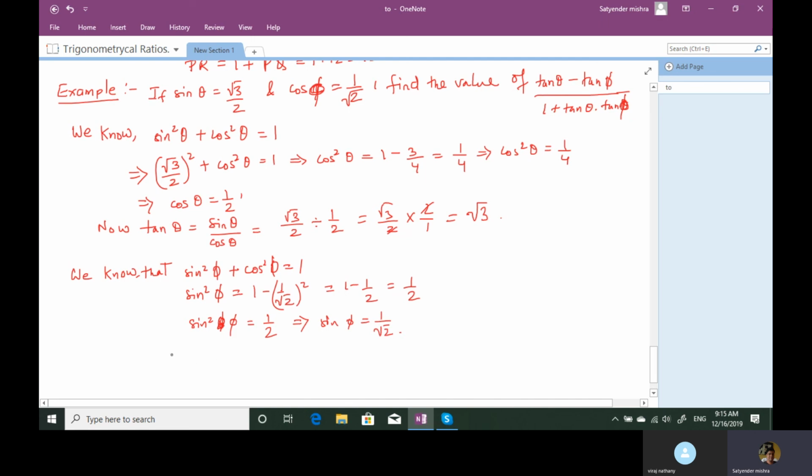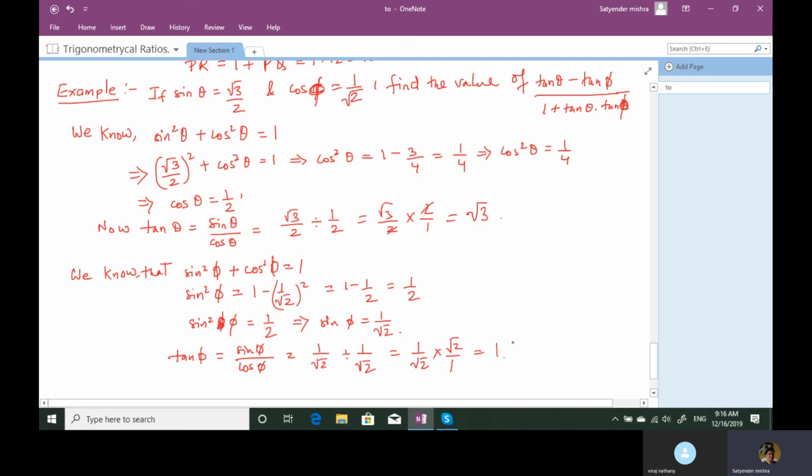Then what will be tan phi? Tan phi is equal to sin phi divided by cos phi. Sin phi is 1 by root 2 divided by cos phi, which is 1 by root 2, which is equal to 1 by root 2 into root 2 by 1, which is equal to 1. Fine.